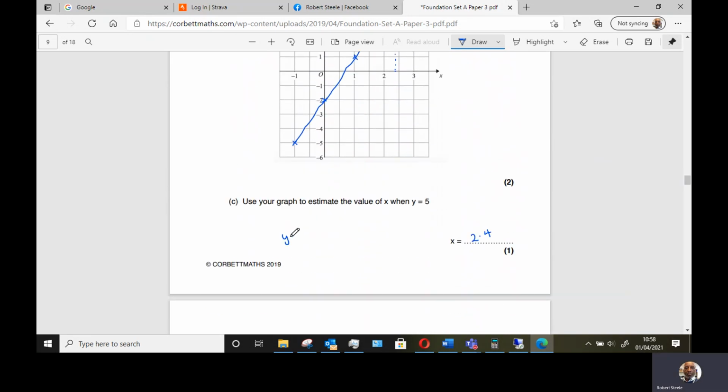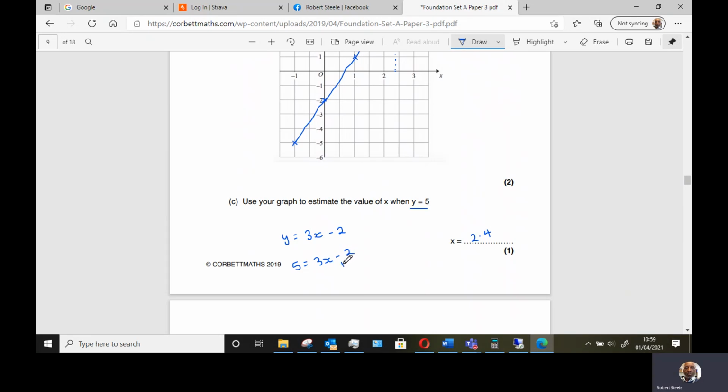Whilst I'm here, I'll show you how that could be calculated. There's your graph equation. So when y equals 5, do a substitution. 5 equals 3x minus 2.